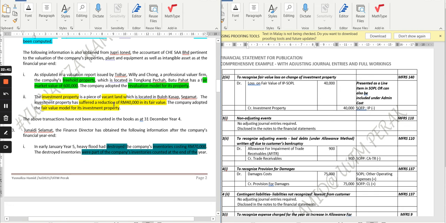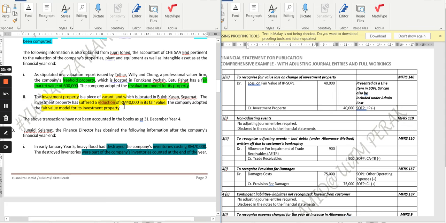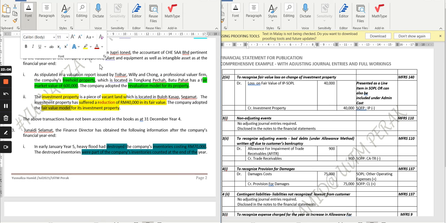The investment property has suffered a reduction. So this reduction shows that there was a decrease in the carrying amount, and that decrease was 40,000. The company adopted the fair value model. So that fair value model, there is no depreciation, there is no impairment.